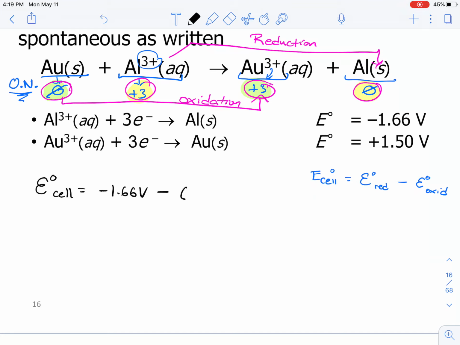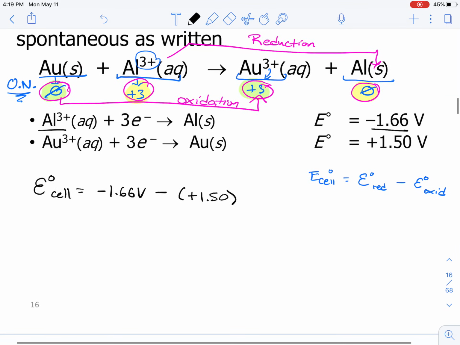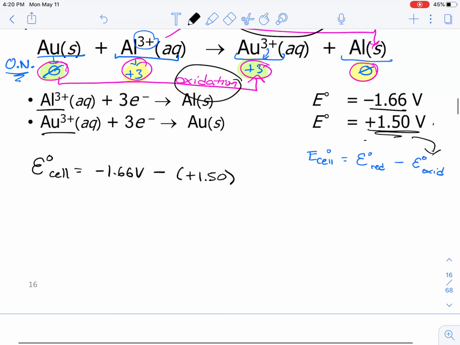So we're simply going to put in plus 1.50. All right, so aluminum, negative 1.66, because it's undergoing reduction. Gold is undergoing oxidation, so this 1.50 is going to be plugged in at the very back.